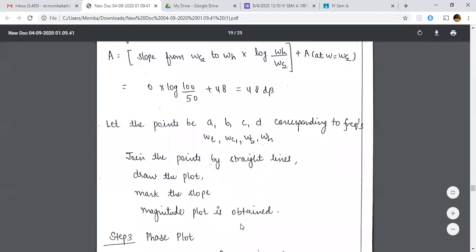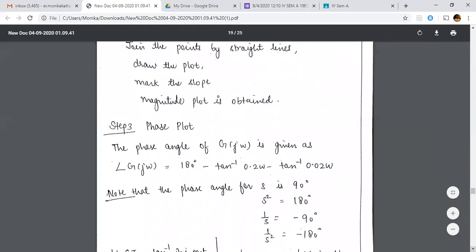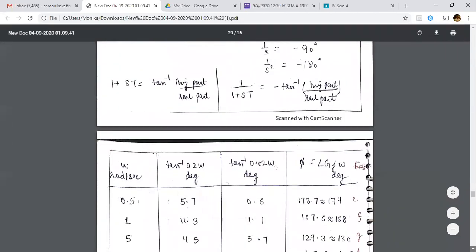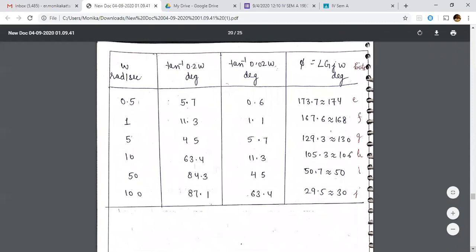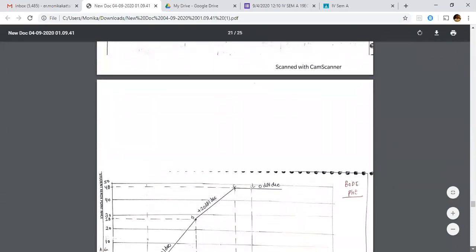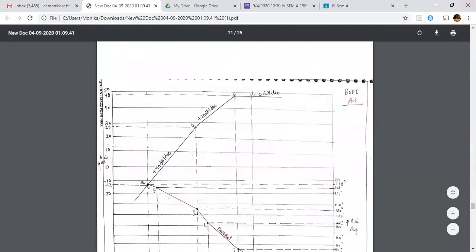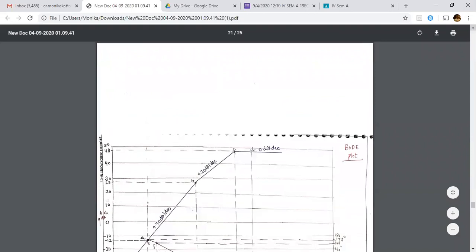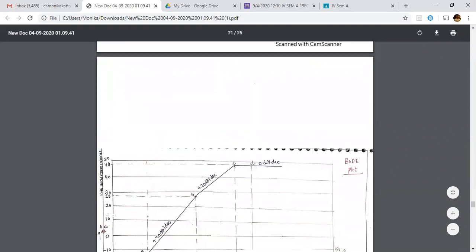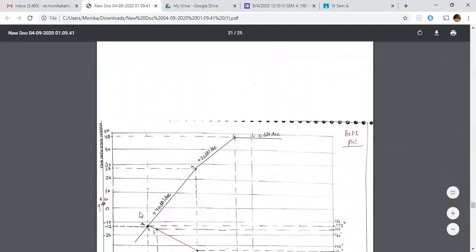Now let us see how we have done. Okay. So as I have told you, magnitude and phase plot will be drawn on a single graph paper. So let us focus on the magnitude plot here. What you have to do, you know that you will mark your 0 dB line.